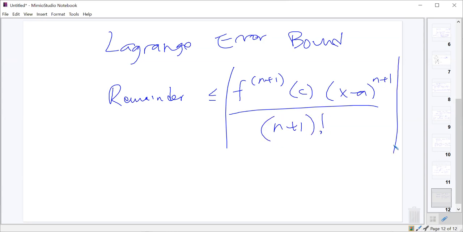So our remainder is always less than or equal to that value.